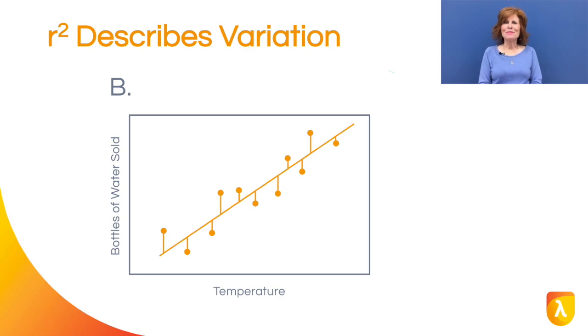Now look at example B, where the number of bottles of water sold are plotted against temperature. The data point values vary above and below the trend line.